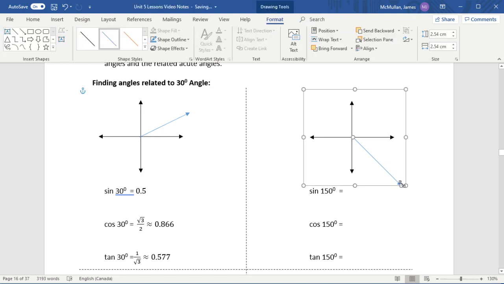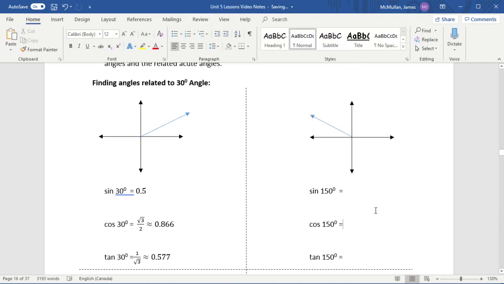Let's think about how to draw 150. If I drew my angle all the way down to here, that would be 180. So I need to back it up by 30 degrees. Now do you kind of see why they chose the number 150?